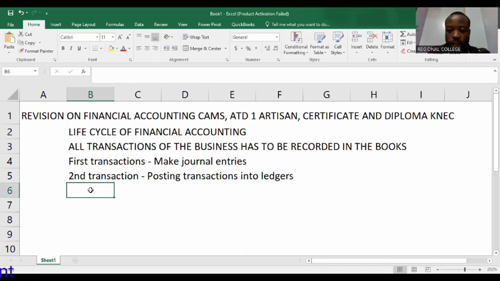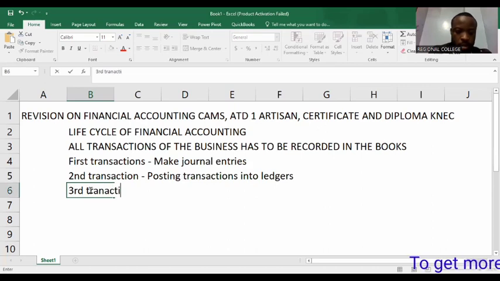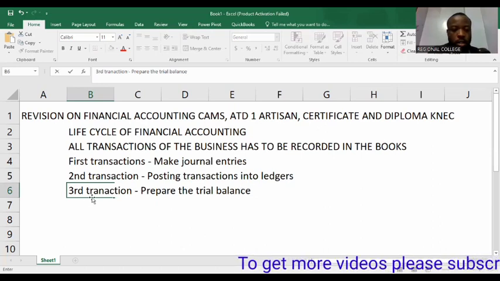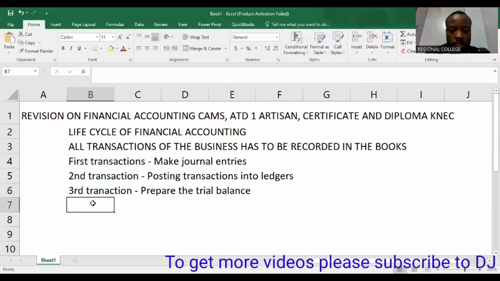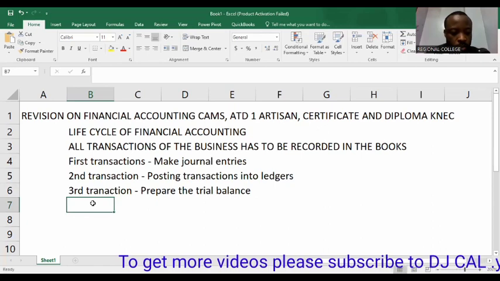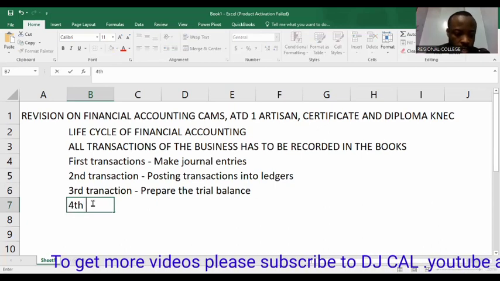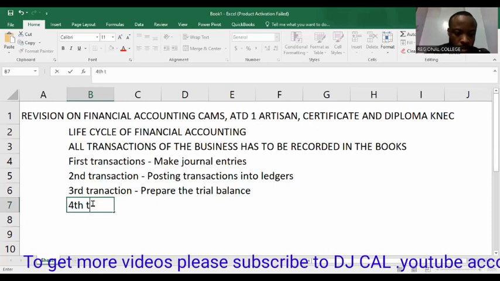That means that's where you can now make your double entry. Then the third step, you have to prepare the trial balance, so that you know how much the closing balance is at the end of the period in each ledger account.